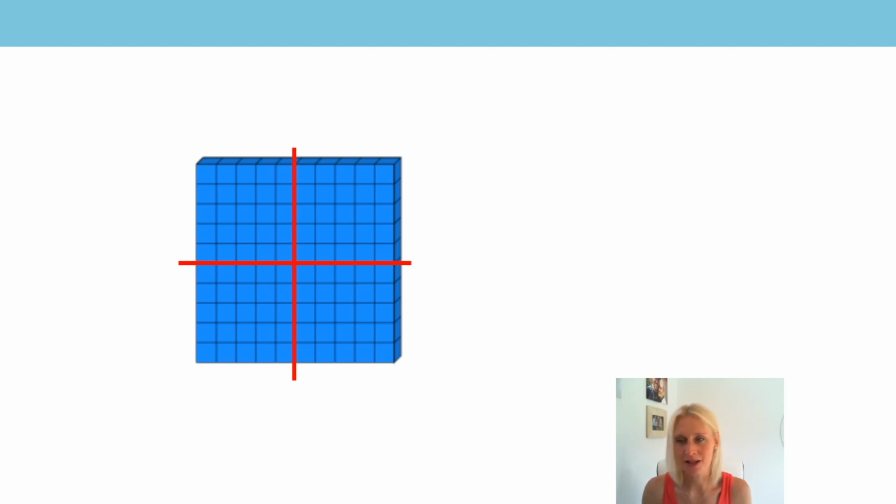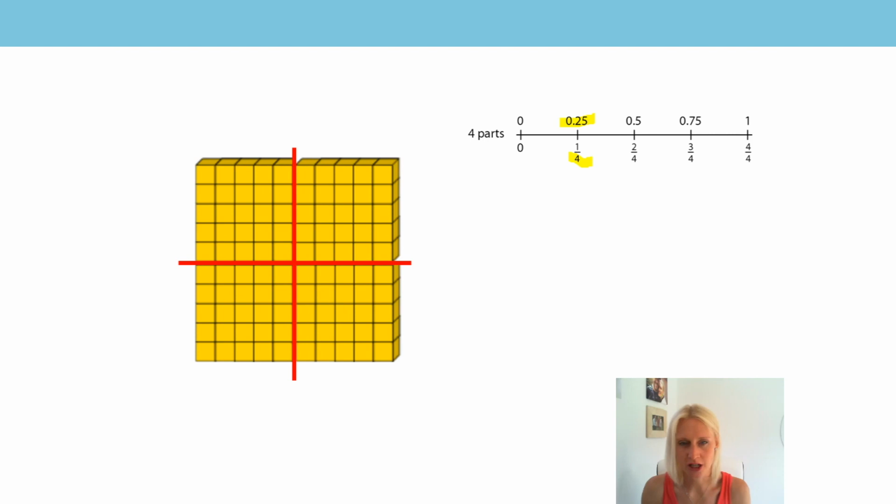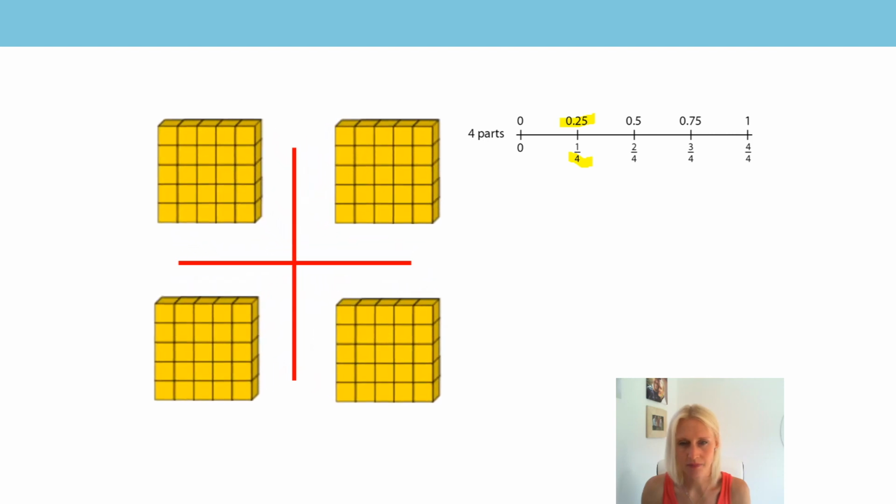Let's have a look at the number line because this will help us, I know. Here we go. 4 equal parts. And what is our decimal going to be? 25 hundredths. Let's look at that. Let's watch it. So we can see here we have got 4 equal parts, and each part has 25 hundredths.